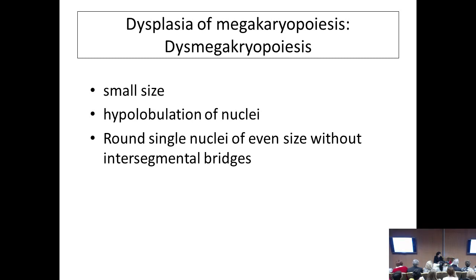In general, the megakaryocytes in MDS have a smaller size. They have atypia of the nuclei with hypolobulation. They are round. And then there are multiple round single-standing nuclei of even size without these intersegmental bridges, which normal megakaryocytes will show.